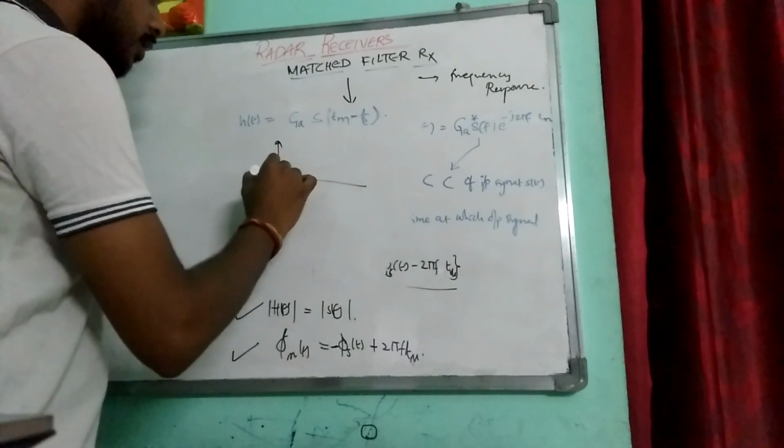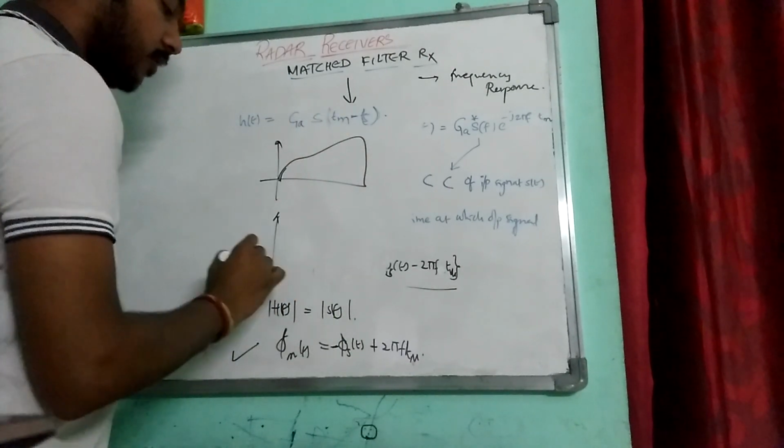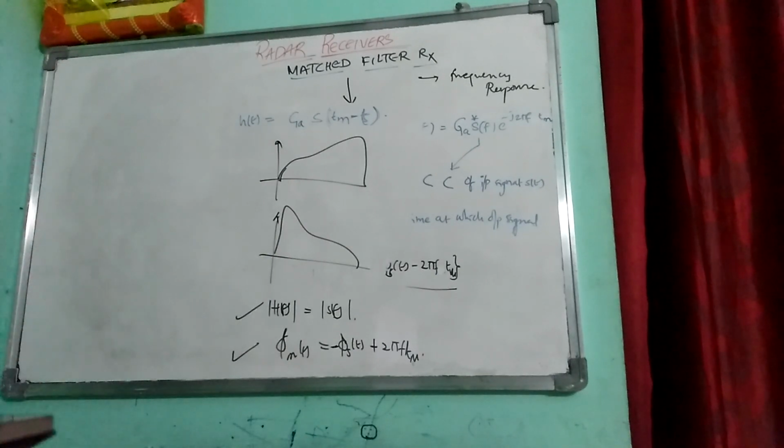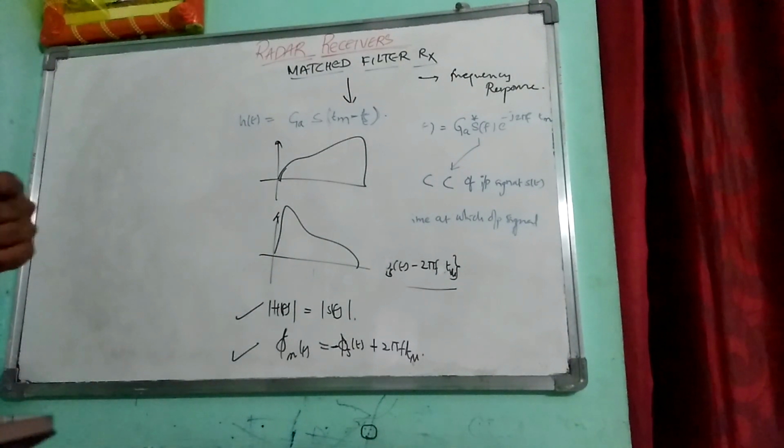If your signal is like this, then the output signal will be the reversal of the input signal. This is how the matched filter works.